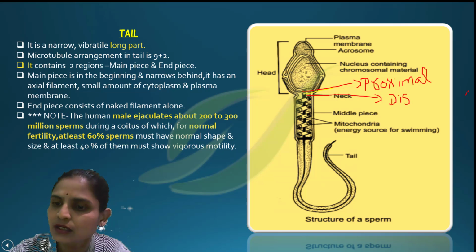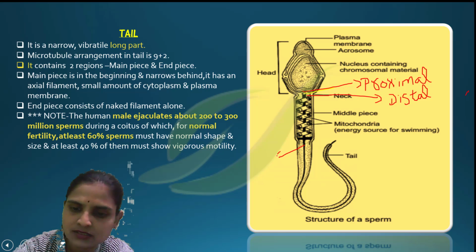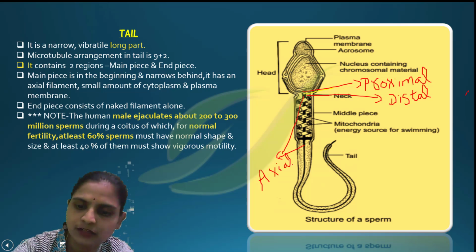The distal centriole helps in the formation of the axial filament. You can see the dark line from the tip; this is nothing but the axial filament.